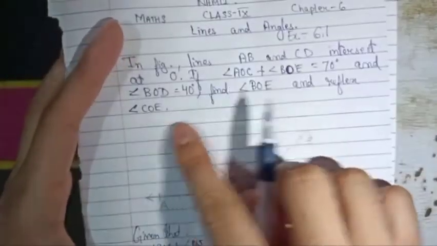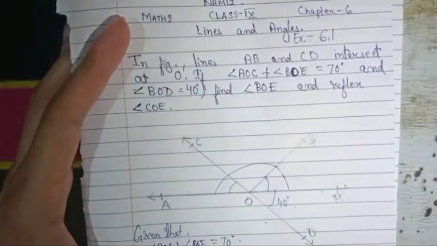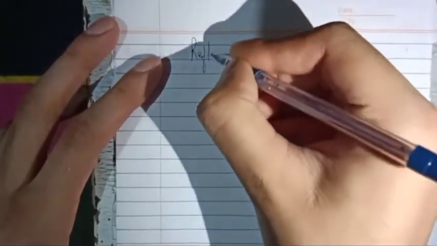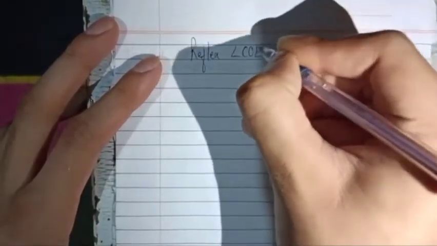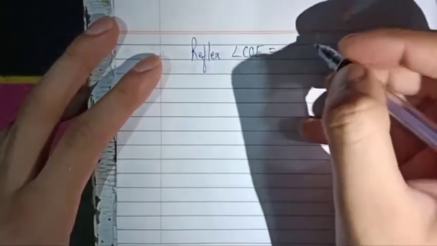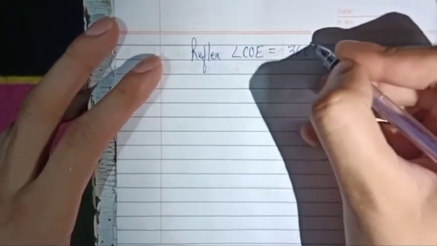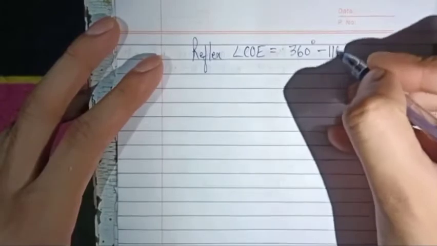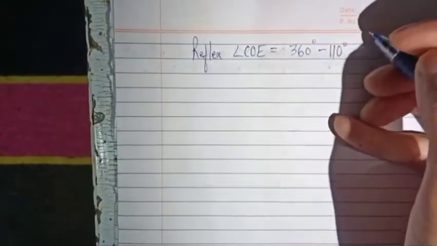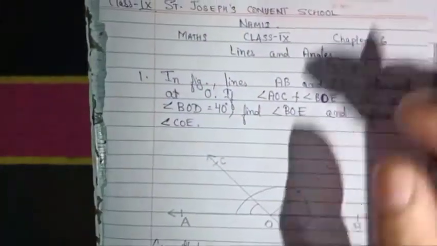Now we need to find the value of reflex angle COE. Reflex angle COE will be equal to 360 degrees minus 110 degrees. Just look into the diagram.